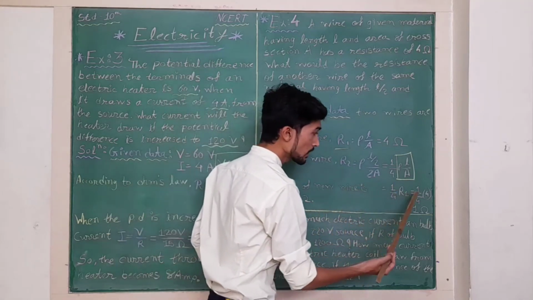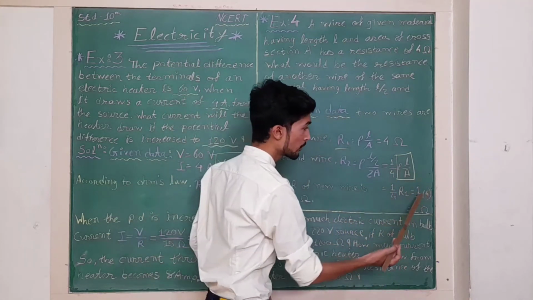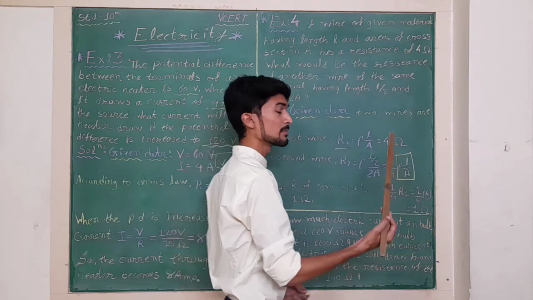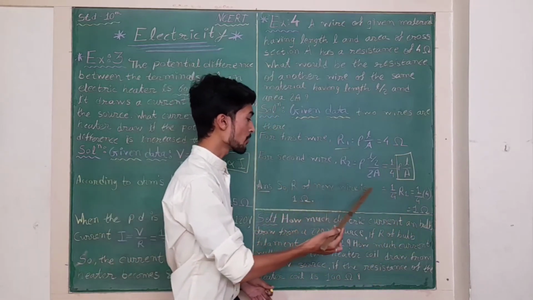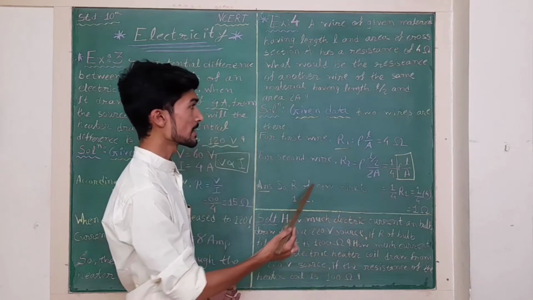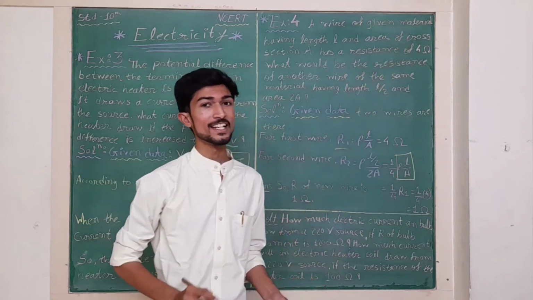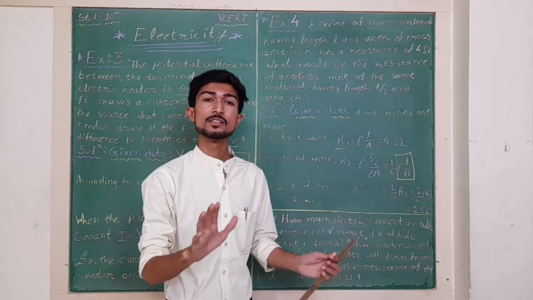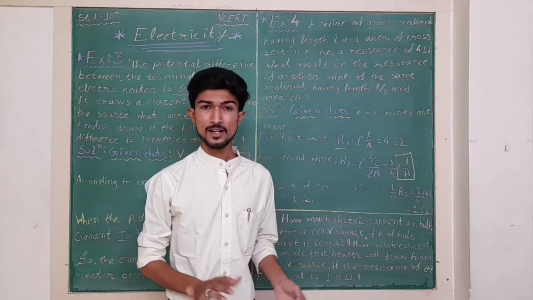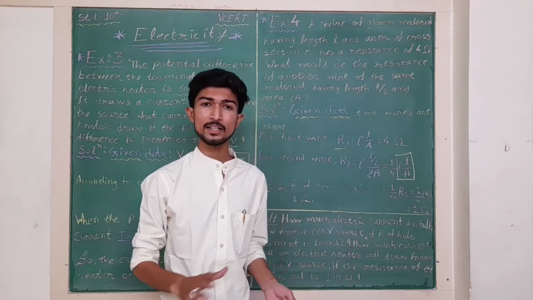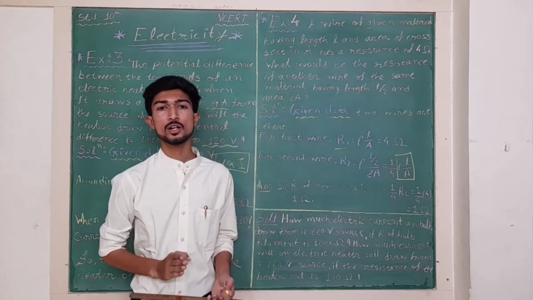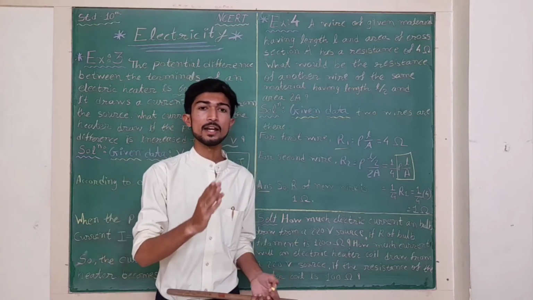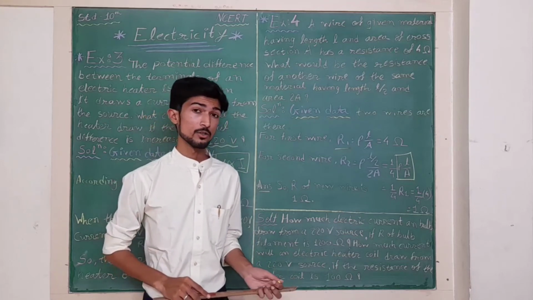So 1 by 4 into 4, and 4 will be cut out. Your answer will be 1 ohm. So R of the new wire is 1 ohm. See, 1 is less than 4 ohm, I told you already. So this is the numerical. It's obviously too easy. You can get the answers so easily just by analyzing the question carefully and remembering the formula.